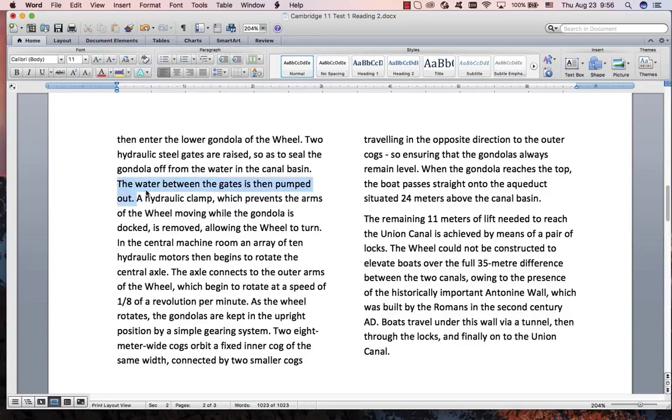That's pumped out. Students want to say water, but no, we're looking for single countable. Water is uncountable. There's the wheel, and there is taken out. What is taken out? This is all a big relative clause. A hydraulic clamp is removed. A hydraulic clamp is taken out.